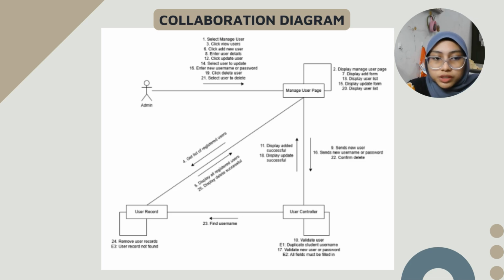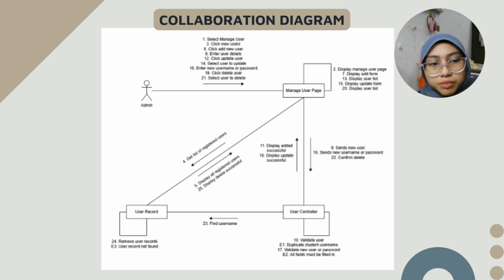And then from the manage user page, it will display the manage user page, or display the add form, display the user list, or display the update form, and display the user list. And then from the manage user page to the user controller, it will send the new user or the new username or password, or confirm delete if they need to add, update, or delete the user.